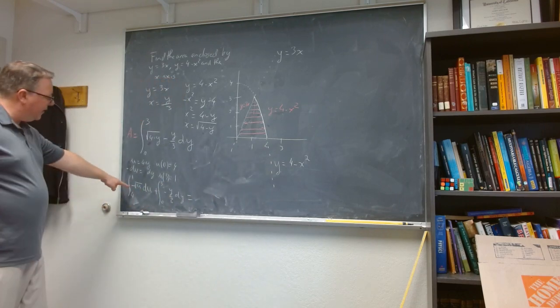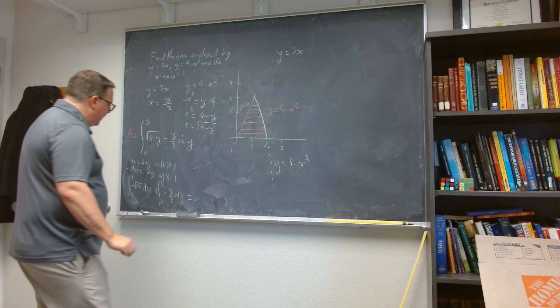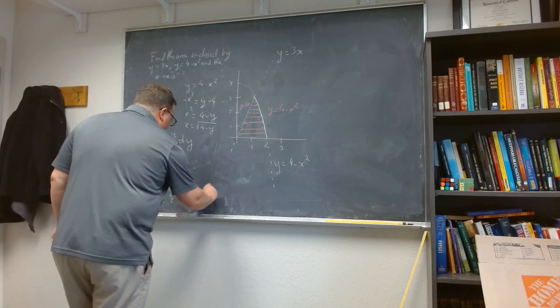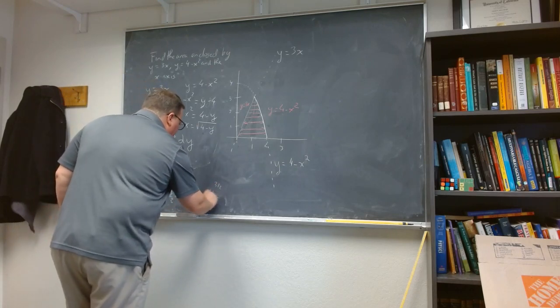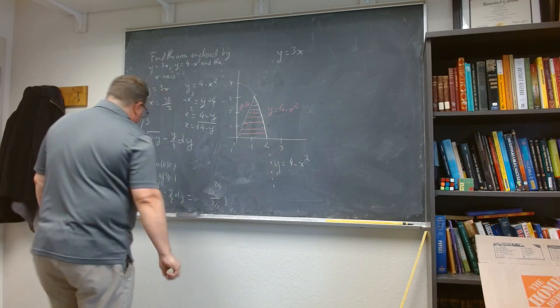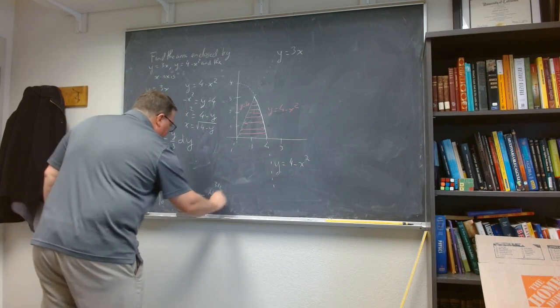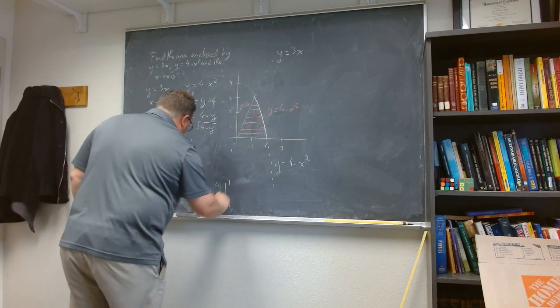The antiderivative of root u is u to the 3 halves over 3 halves. And we have a negative in front, and we're evaluating it from 4 to 1.